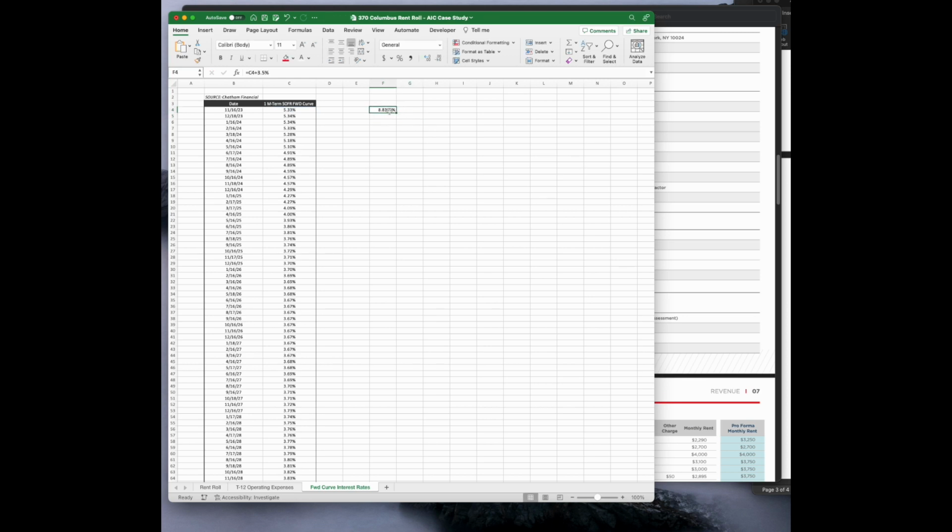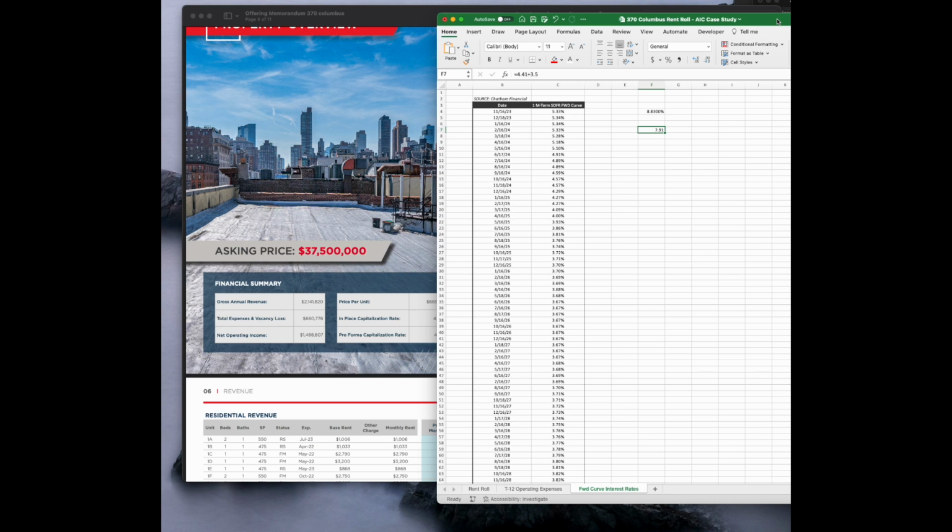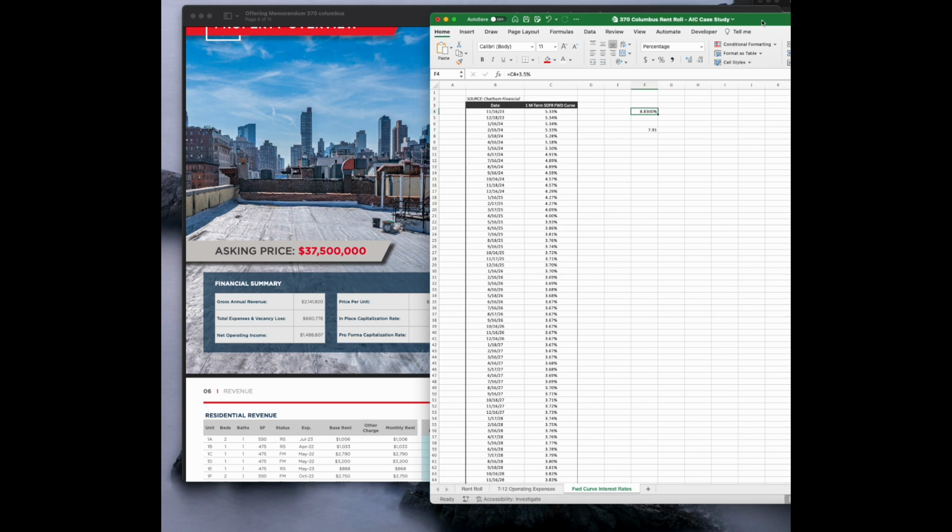In the analysis, when we eventually go through it on Excel, our cap rate will have to be above this number. It's doable. Some people will give you a construction loan based off the 10-year. So that would be 4.41 plus 3.5, 7.91%. Yeah, if we can get that property up to an 8% cap rate, it's a doable thing. But that is something you need to keep in mind.